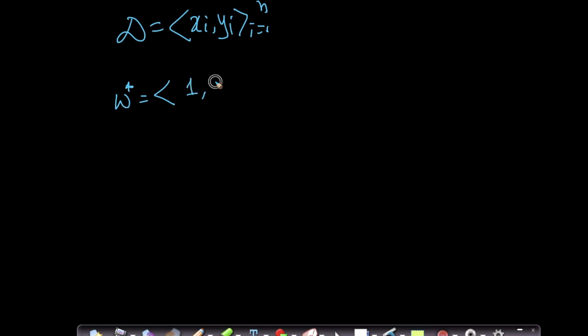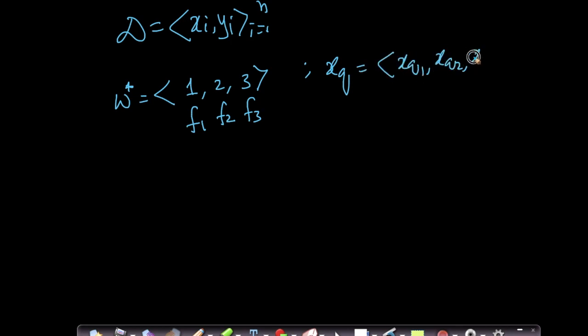Imagine I have a data set of xi's and yi's, with i going from 1 to n. I did all the training and I found a w. Let's call this w as w star. Let's assume w is a vector of size 3: 1 corresponding to feature 1, 2 corresponding to feature 2, and 3 corresponding to feature 3. Now, if you have a query point xq, which has xq1, xq2, and xq3, what do I do?